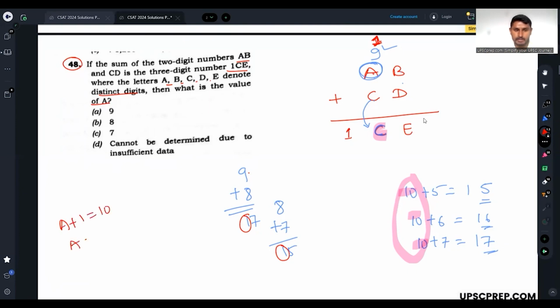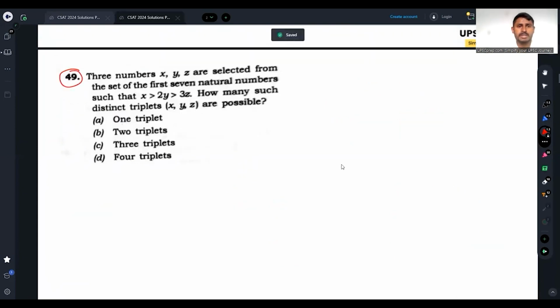So no matter what happens, if you want to repeat this C here, the value of A should be 9 for sure, and the carry over should be 1. So 9 will be the correct answer in this case, option A. Next question.